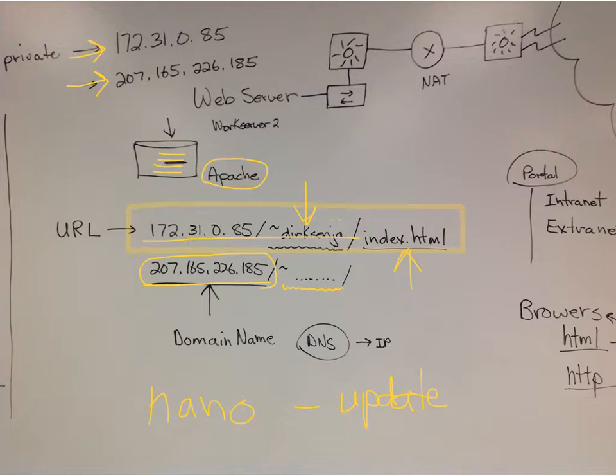You wouldn't have to use Nano, but I like to use Nano as an example because then they can update them using either a Mac or a PC. On a PC, PuTTY, and on a Mac, using the terminal window.